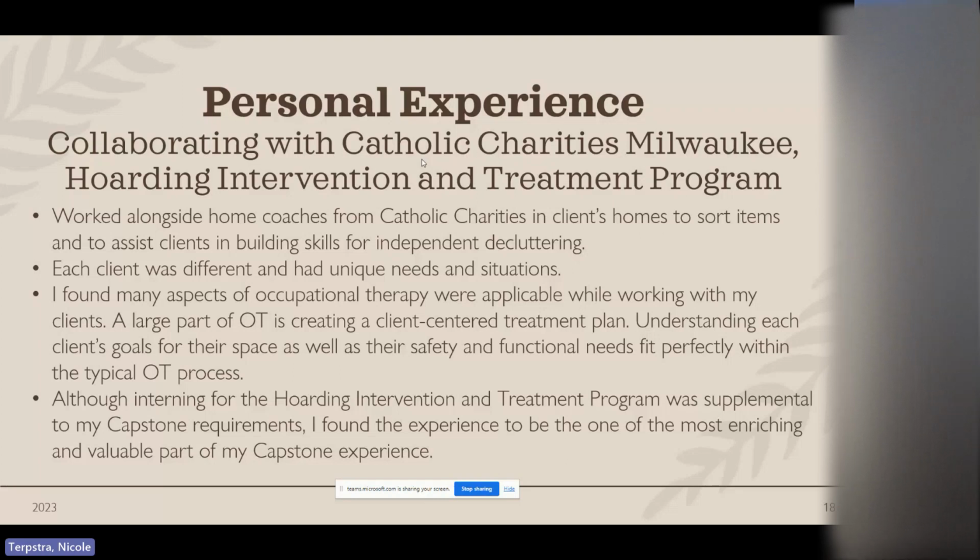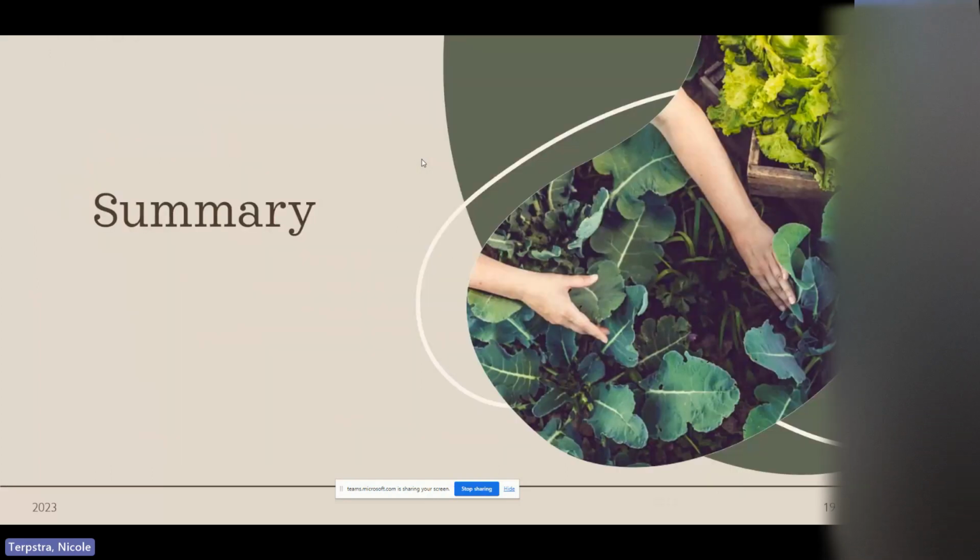Even though working at Catholic Charities was supplemental to my capstone requirements, I found it to be one of the most beneficial and enriching parts of my capstone experience, because I got to really see how the process goes. I got to work with clients and get to know them, and it was a lot of fun. It was also very meaningful to me.